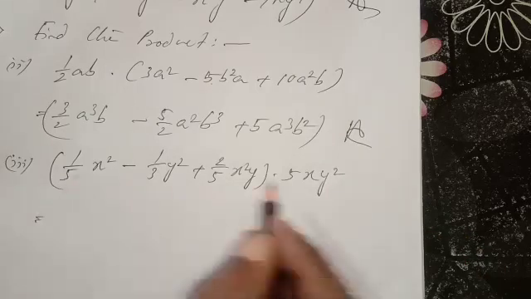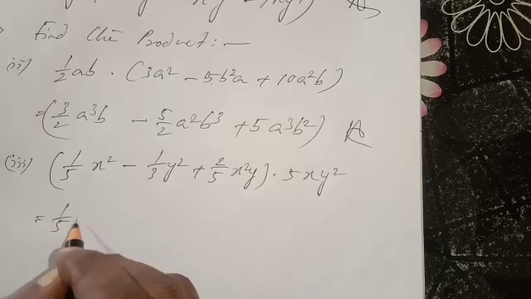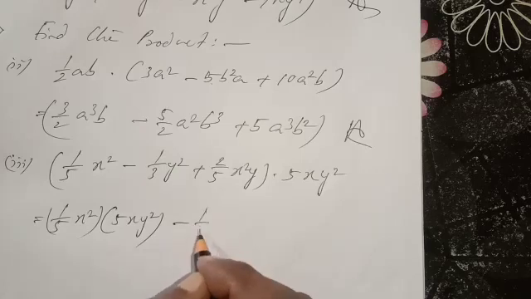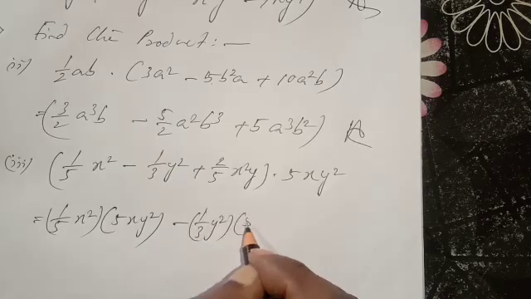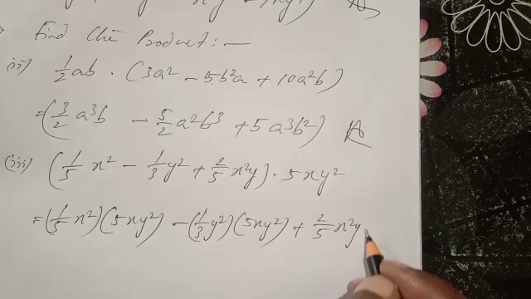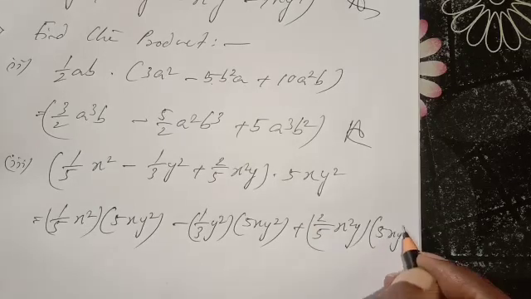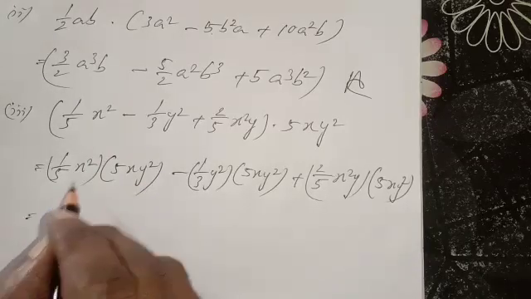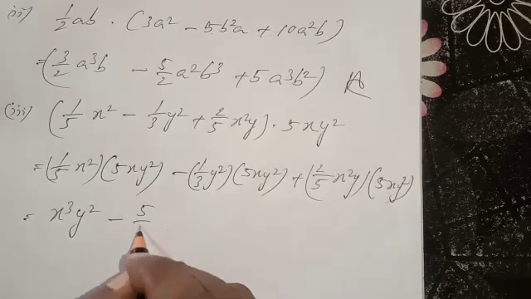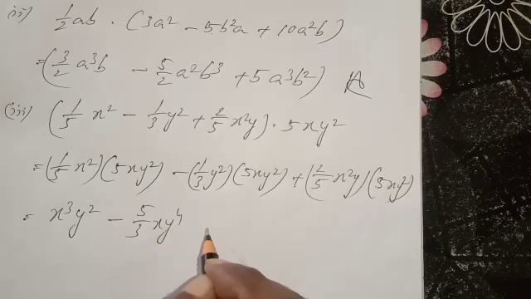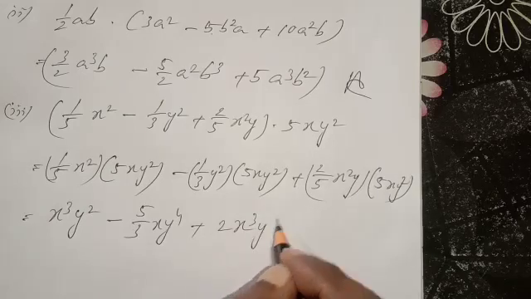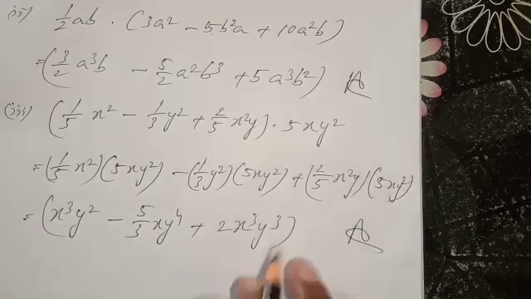Just multiply individually: 1 by 5 x square into 5 xy square, next minus 1 by 3 y square into 5 xy square, plus 2 by 5 x square y into 5 xy square. 5 cancel, x square into x, that is x cube y square, minus 5 by 3 x y to the power 4. 5 cancel, 2 left, 2 x cube y cube. This is the answer of number 2, third part.